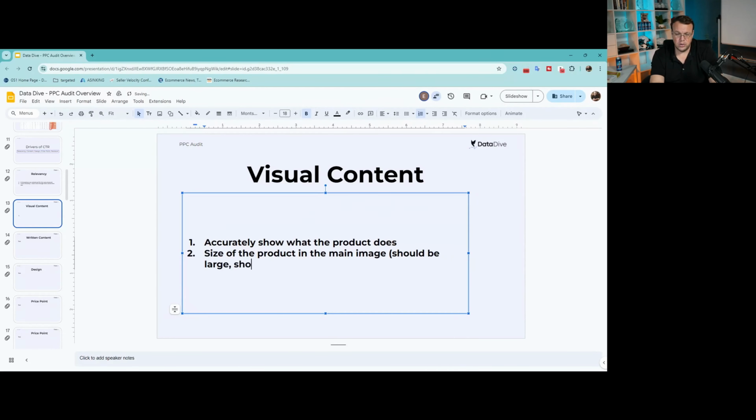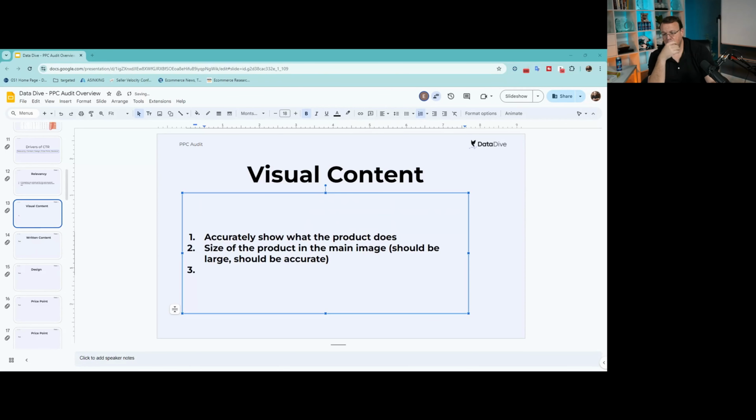Should be large, should be accurate. What else? Oh, good size ratio. Good one, Alan. Yeah, exactly. So size and color. Calls out any emotional triggers and features. I like that. That's excellent. So emotional triggers and features can also be a lifestyle image can do that, right? So maybe lifestyle.